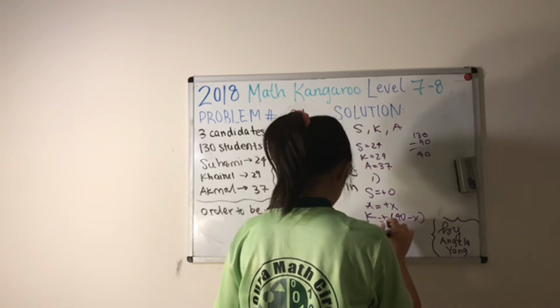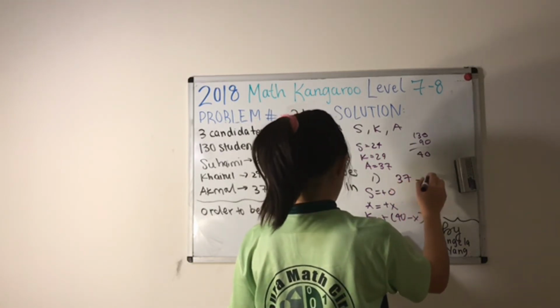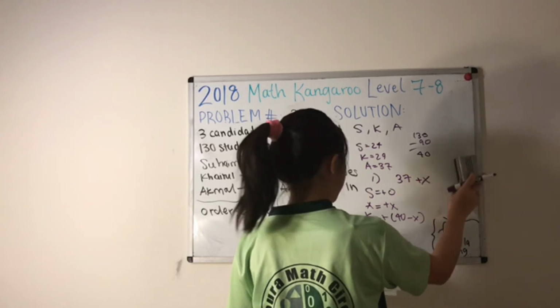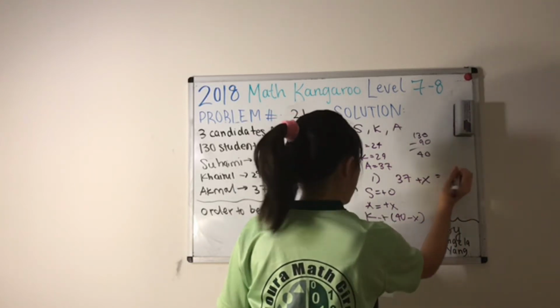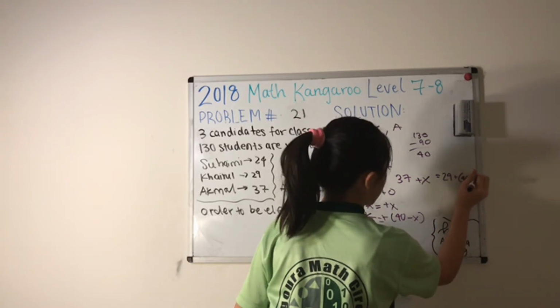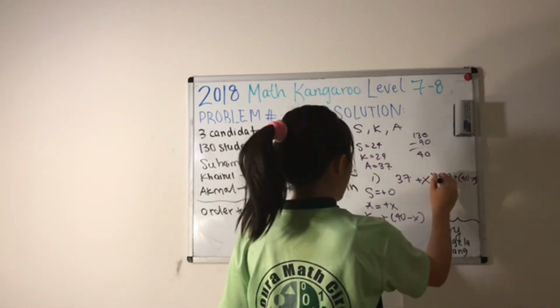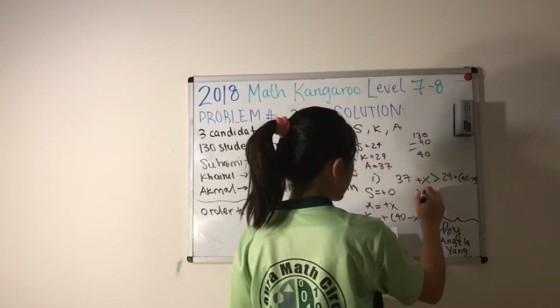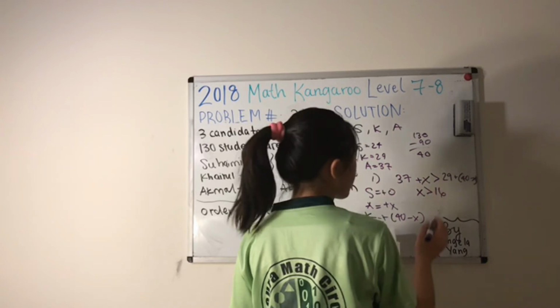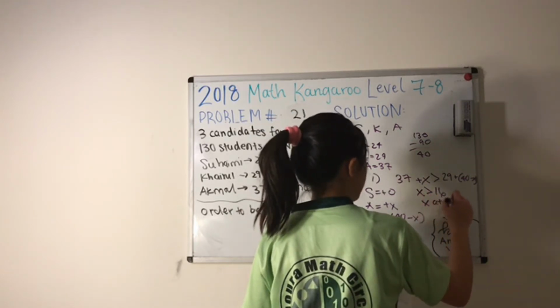So in this case, if we plug this in, 37 plus x would have to be greater than 29 plus 40 minus x. And then we get the inequality of x is greater than 16. So x has to be at least 17.